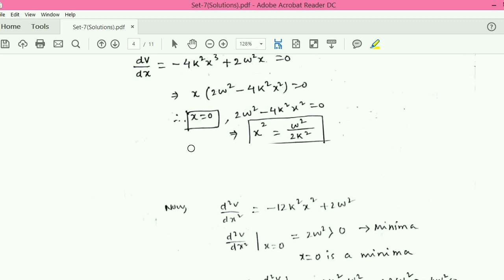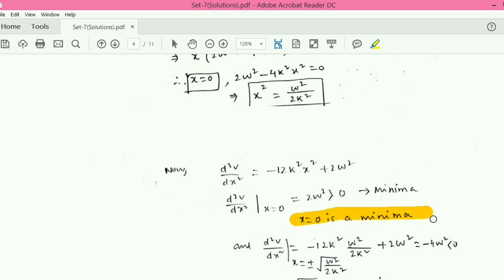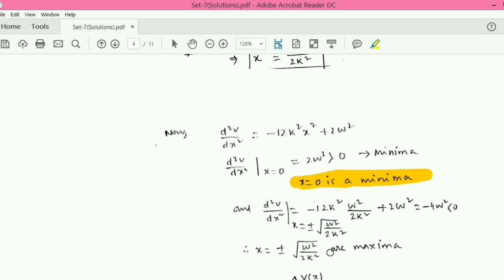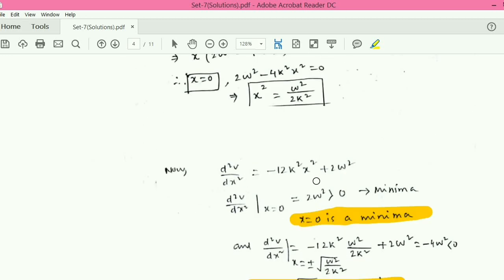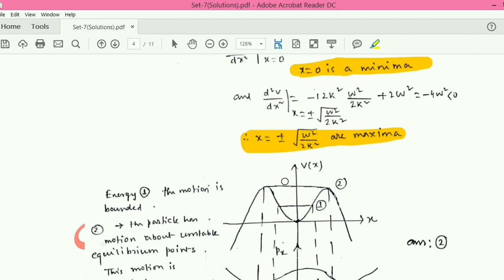Now if we check the double derivative, we can see that x equal to 0 is a minima and x equal to plus or minus root over omega square by 2k square are maxima. Keeping these things in mind, we can draw the potential energy curve. So the potential energy curve looks like this.